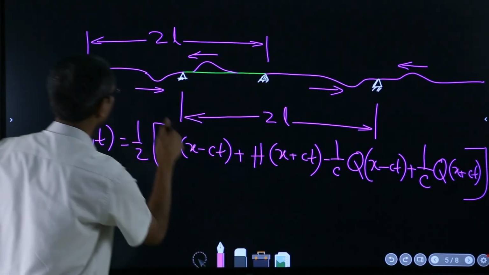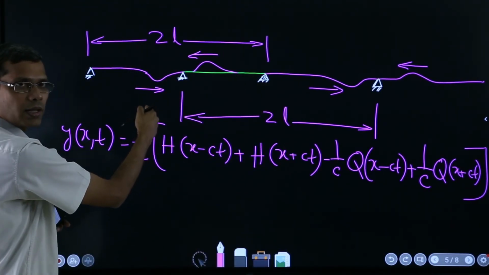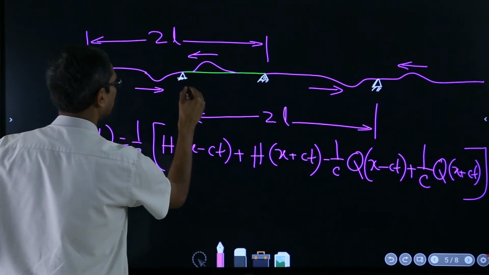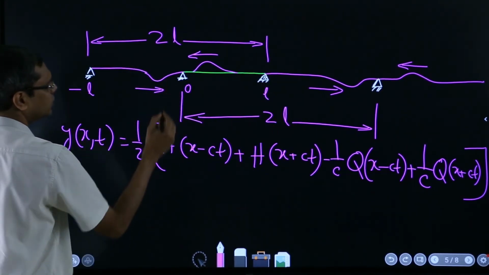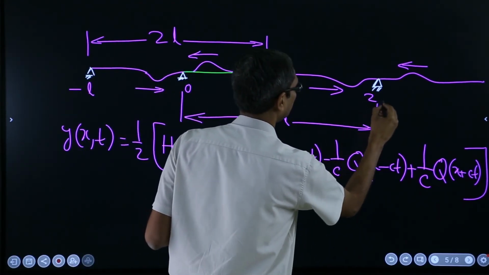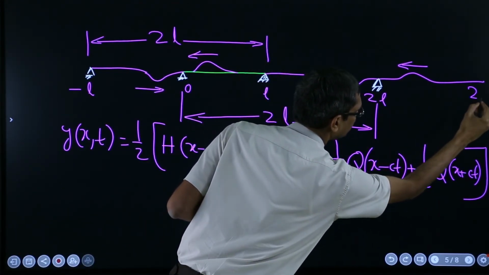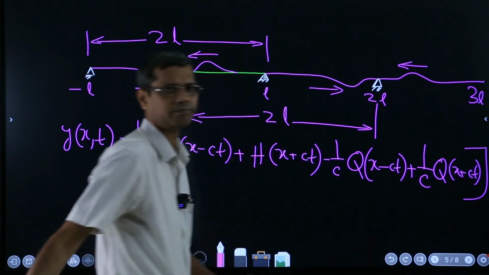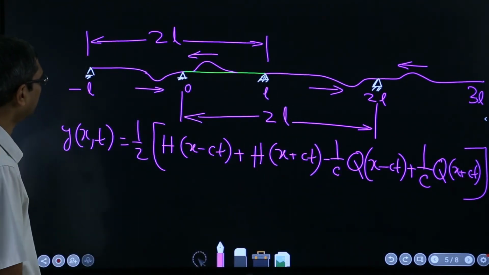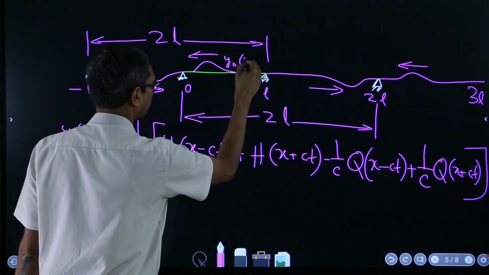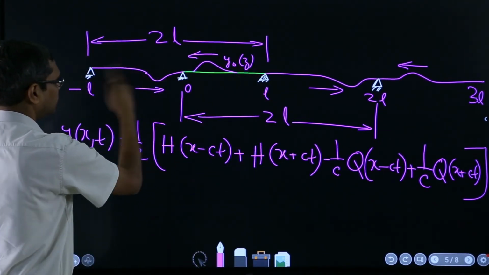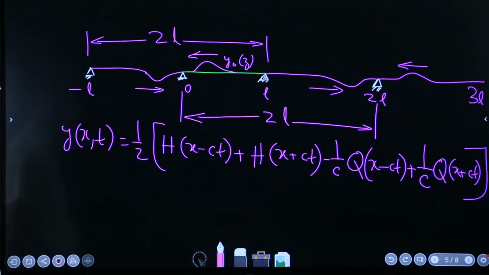Just try to see this part. So I'll write 0 to L, this is minus L to 0, this is L to 2L, this is 2L to 3L. Suppose this is y naught of z, so you are defining like that.